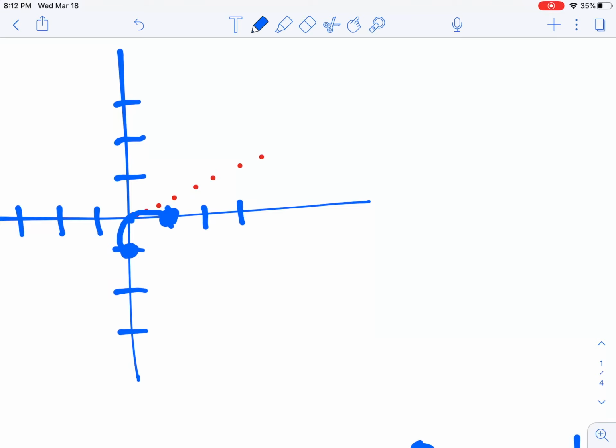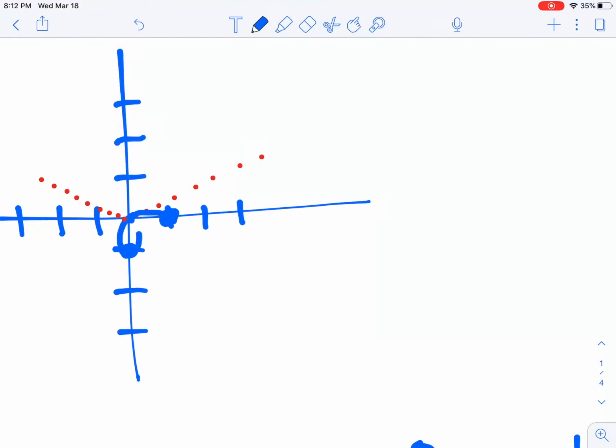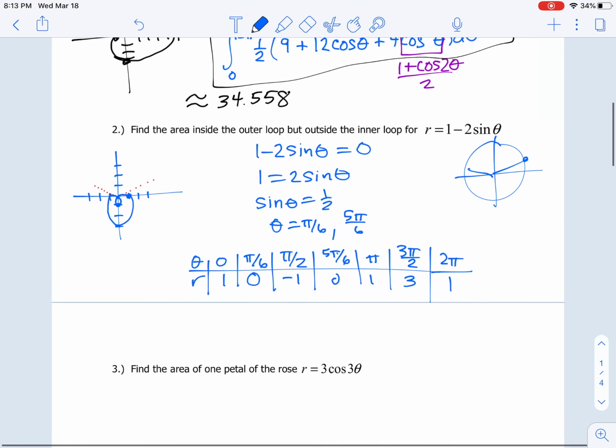So that looks like the point 0, 1, because I'm thinking that pi over 2 is up here, but I'm going -1 units along that line, which is how I get down here. Okay, then back to 5 pi over 6 would be like somewhere around this angle. I get back here, I get back to 1, down to 3, and back to 1. So something sort of along those lines.